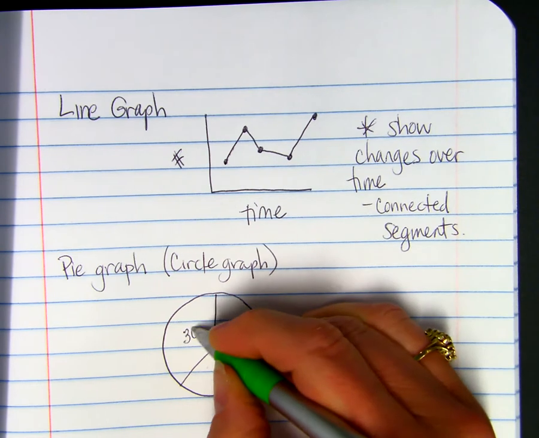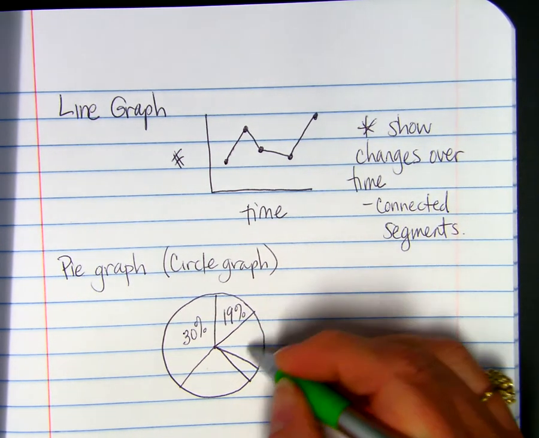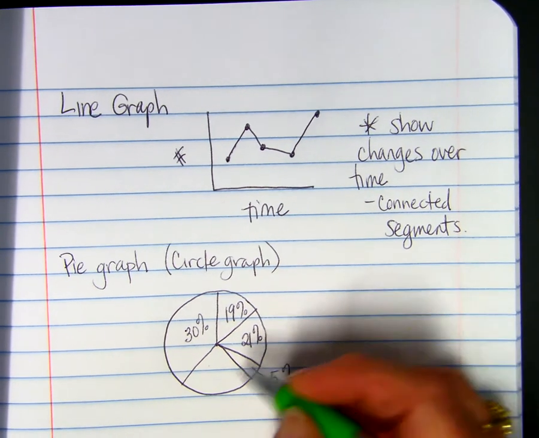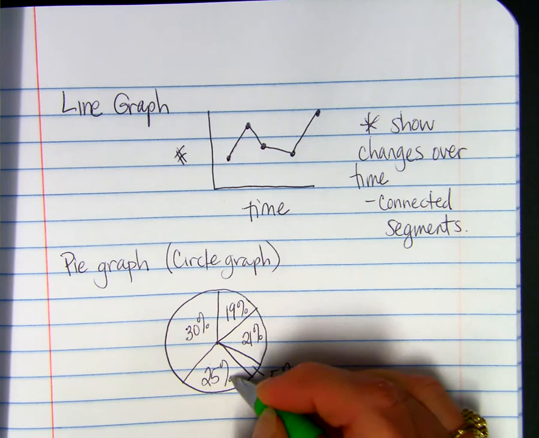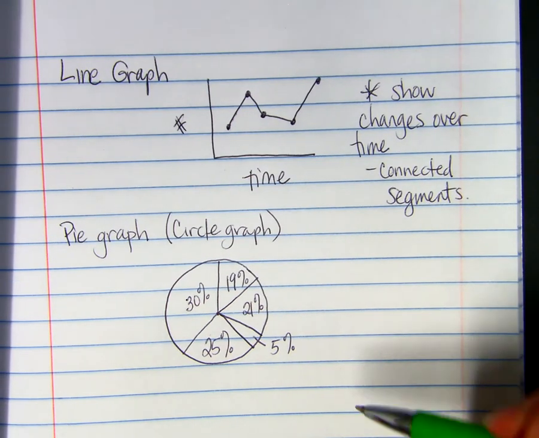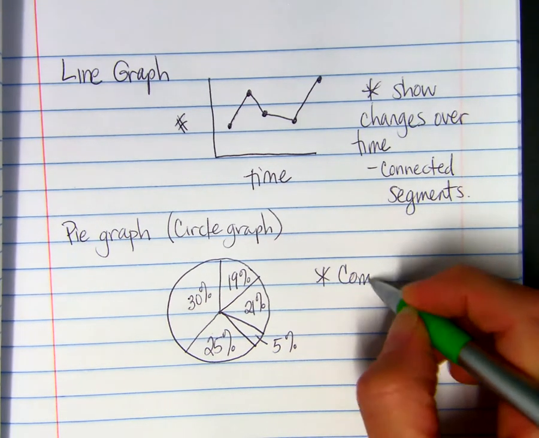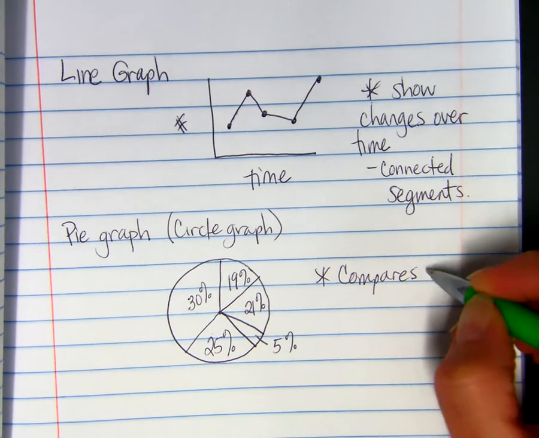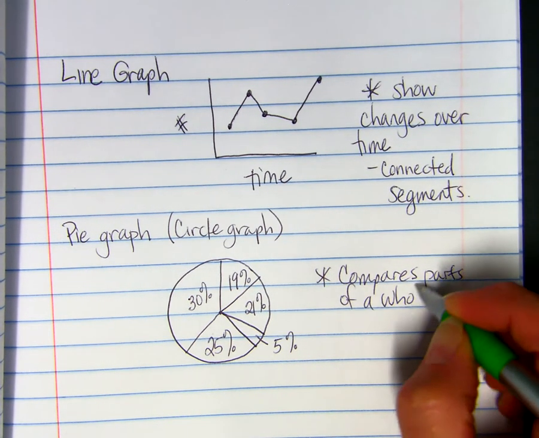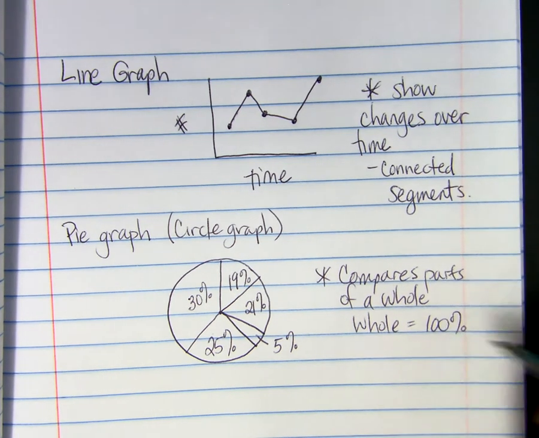We'll put this as 30%, 19%, 21%. This one's going to be 5. So if you were to add all of these percentages, you should get 100%. This compares parts of a whole, and the whole would be 100%.